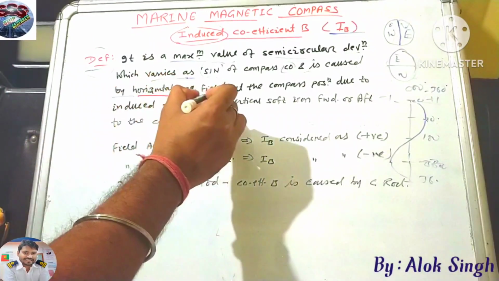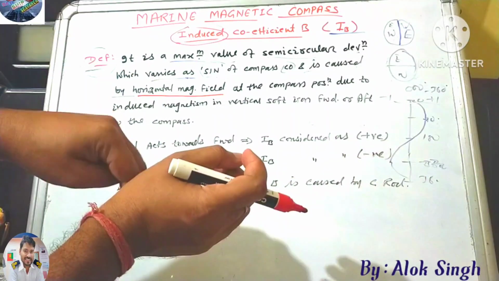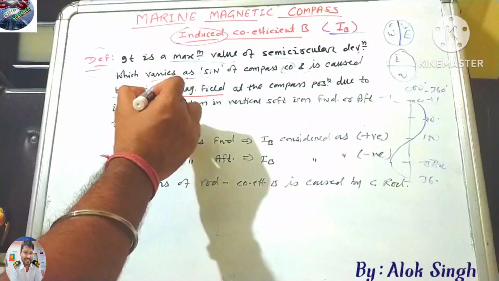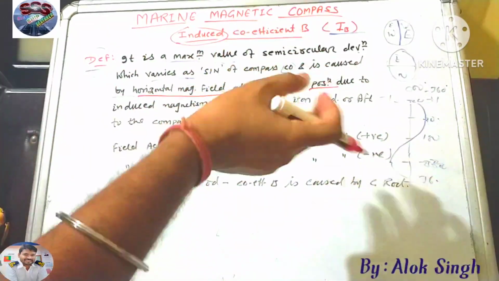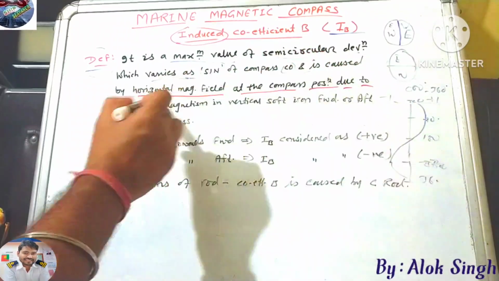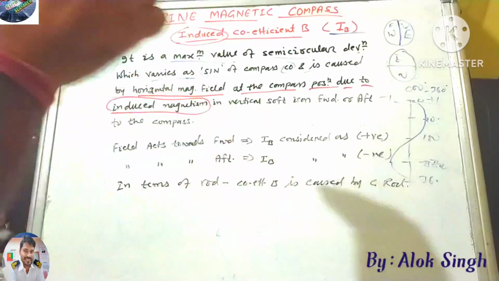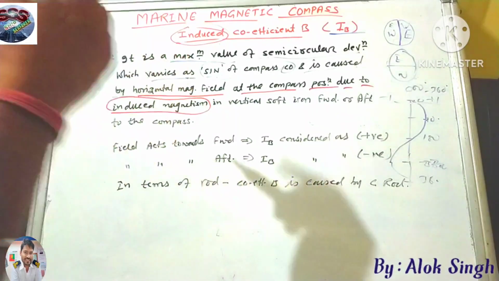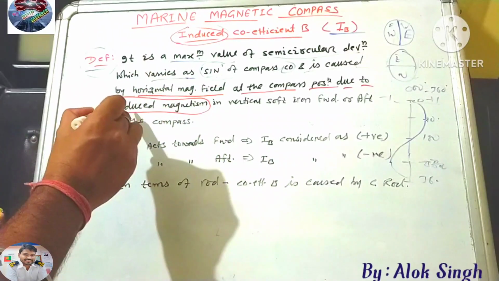Horizontal magnetic field means in this case it is not being explained for upward and downward, not the Z force. So here it is the horizontal magnetic field at the compass position, meaning at Monkey Island where the compass is located, due to induced magnetism. The point is, it is due to induced. In the previous part, where we discussed the permanent coefficient B, that time it was because of permanent.